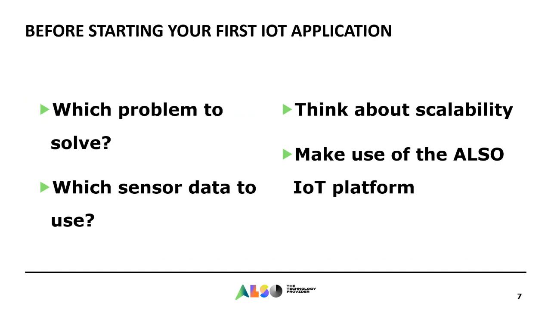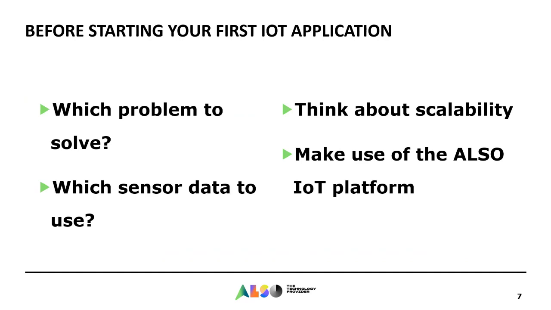Also, another very important one is scalability, because scalability is the key to make a successful IoT application. If you want to add sensors to your platform, if you want to just expand your platform, because if the customer is very satisfied, that will go quickly.